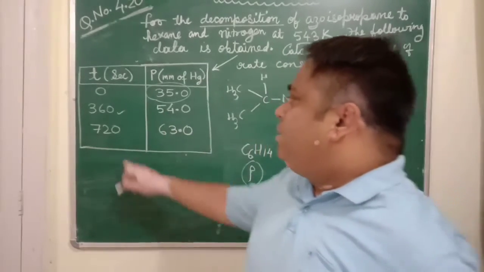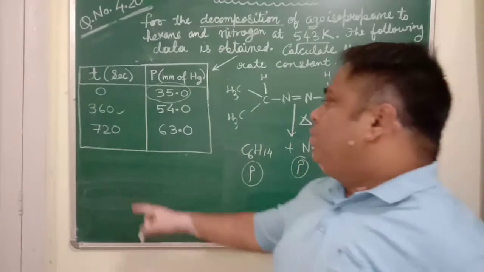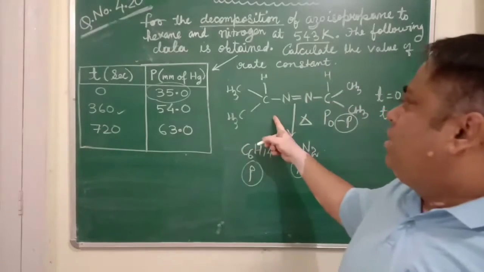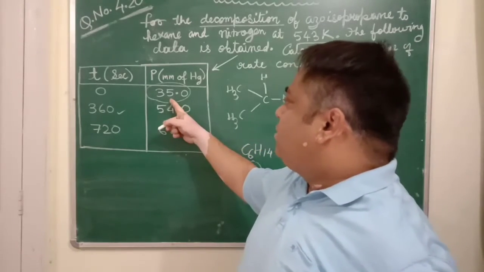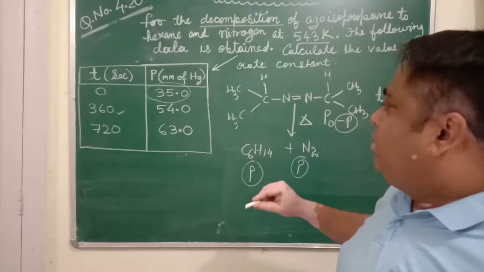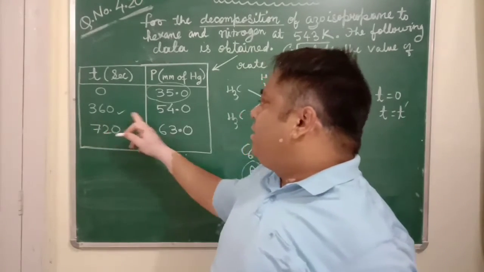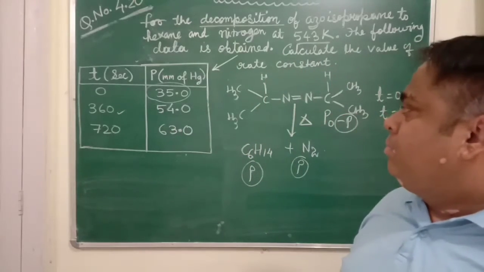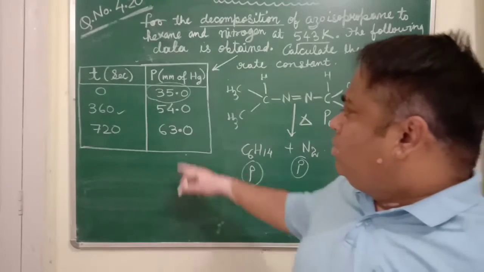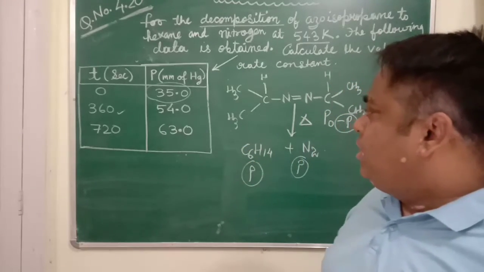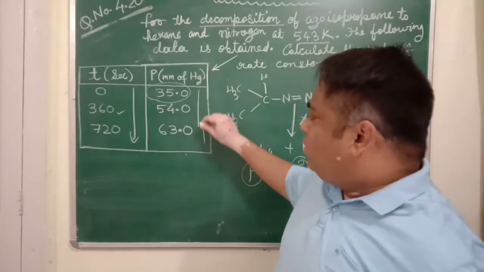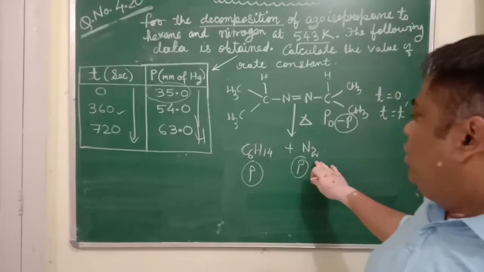The first set of experiment is no experiment actually, because when only 35 mm of Hg pressure in hexane was taken, then when the reaction was allowed to occur at 543 Kelvin, then at 338 seconds pressure increased by around 20 mm of Hg, and after that by around 9 mm of Hg again the pressure increased. So with increase in time the pressure is increasing because more and more amount of decomposed gases are formed.